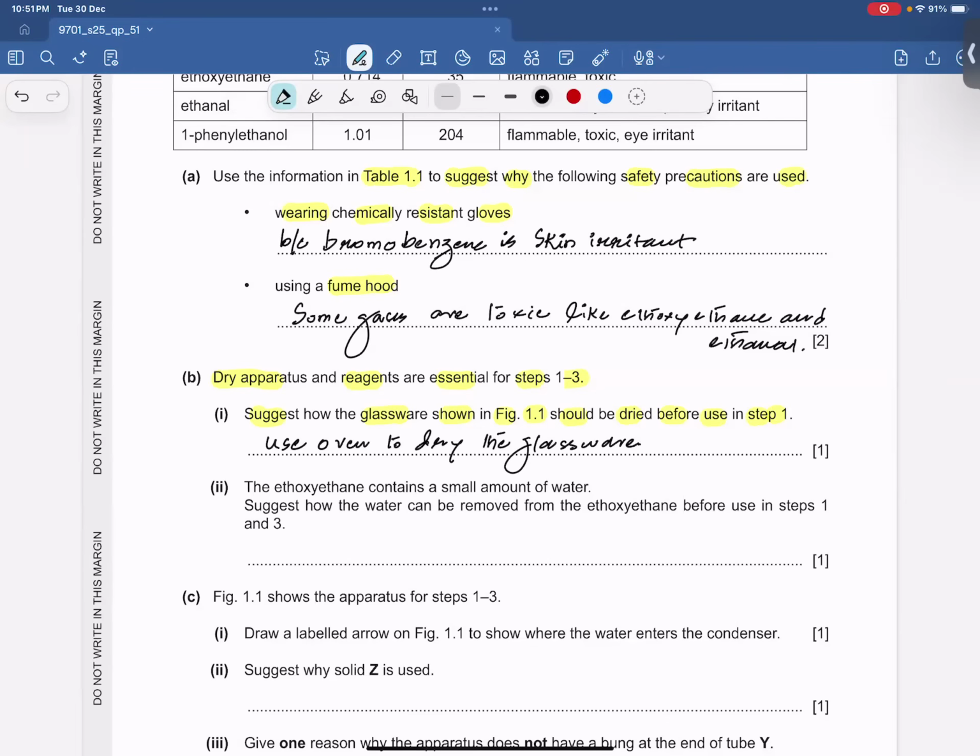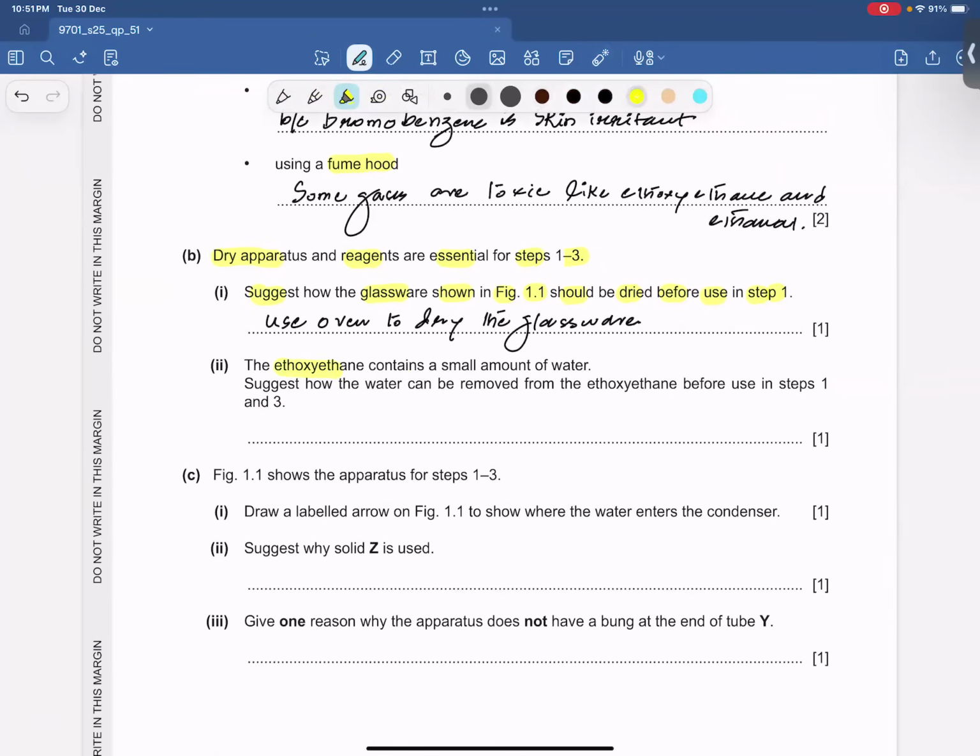And why do we need to dry the apparatus and the reagent? Because Grignard reagent is extremely reactive. It undergoes nucleophilic addition reaction. So to prevent that nucleophilic addition reaction, I need to go for these two steps.